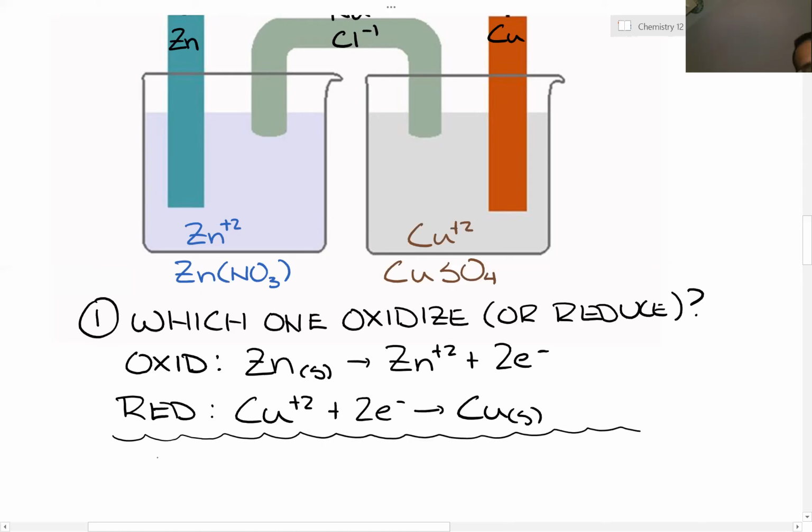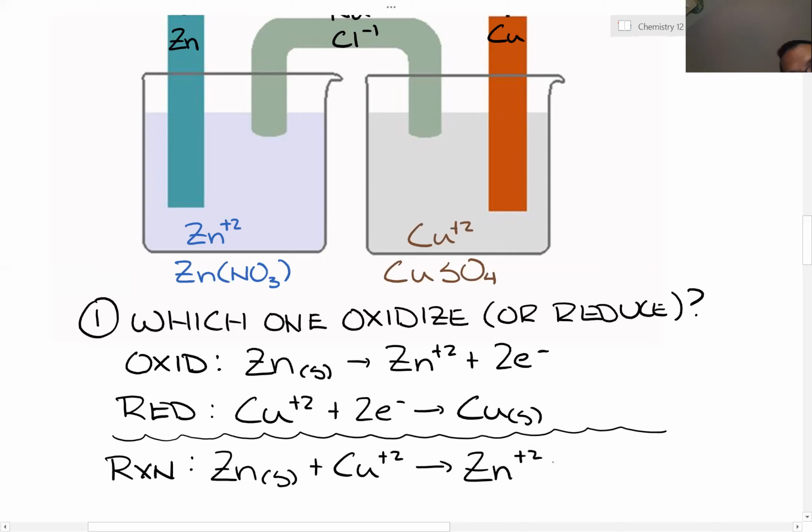So what I get is the overall reaction: zinc solid plus copper 2 plus ions gives you zinc 2 plus ions and copper solid.